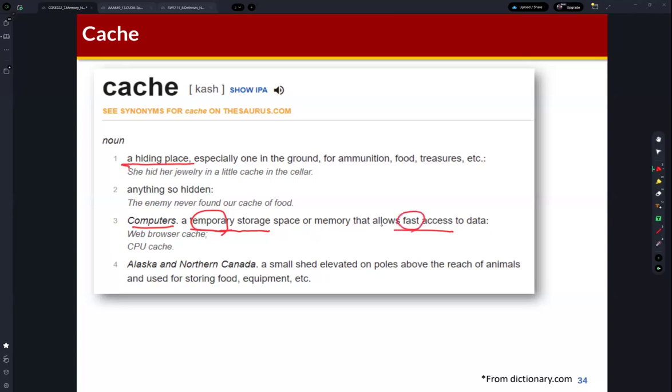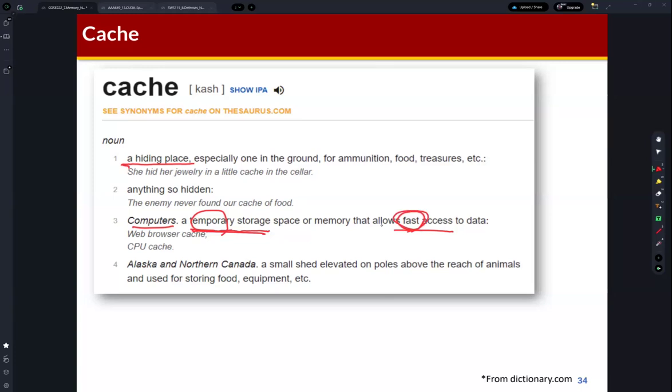So why do we use cache? In order to support fast accesses to data, we use cache. So you can find the characteristics of cache: it's a temporary memory space, and it is used for fast accesses.